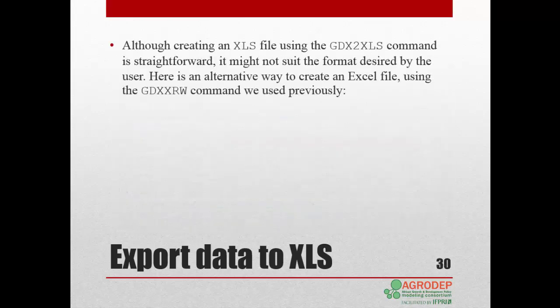Using GDX2XLS command to create an Excel file is relatively straightforward, but there are alternatives which might be better suited to the user's needs. We present such an option using the GDX-XRW command, as we did previously when importing data.